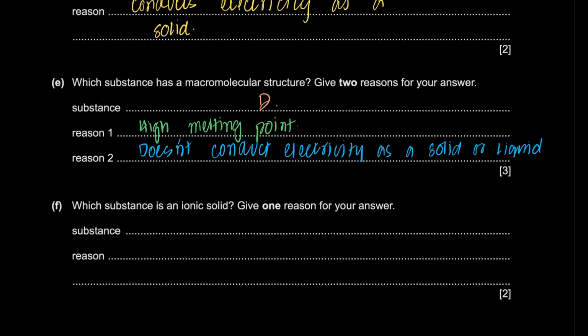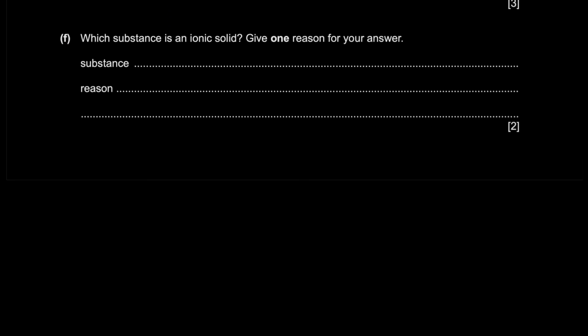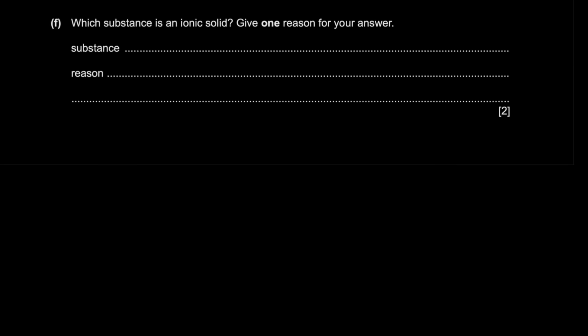All right, last but not the least, we have F. Which substance is an ionic solid? Give 2 reasons for it, or just give a reason for it, right? That's straightforward. The answer is E. And why is that the answer?